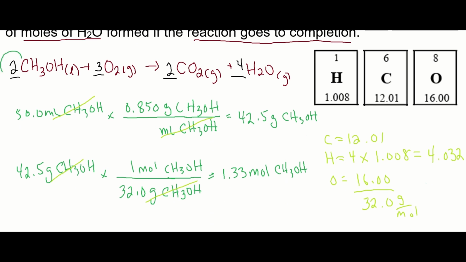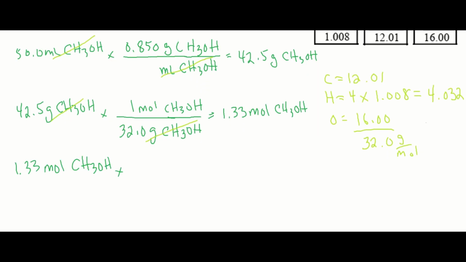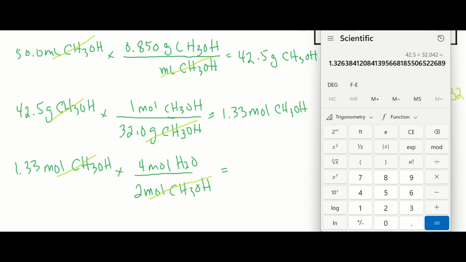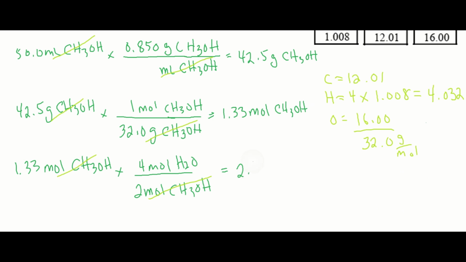All right, so the mole ratio here is 2 to 4. So we can make 2.65 moles of water. I'm going to circle that for now. It's not our final answer.